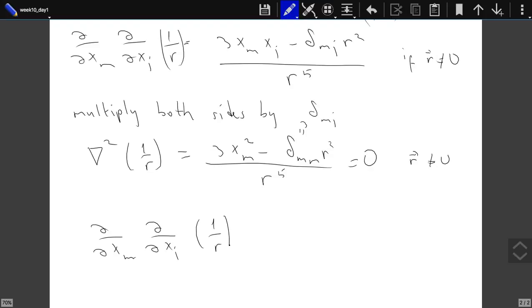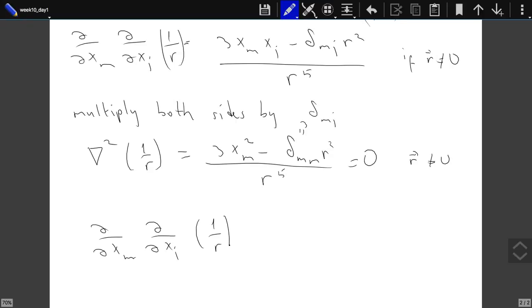Well, the sphere is symmetric in the x_j coordinate. Right? 1 over r is symmetrical with respect to the x_j coordinate. But the derivative of 1 over r with respect to x_j is anti-symmetric with respect to the x_j coordinate. So if you have an even function, its derivative is odd.